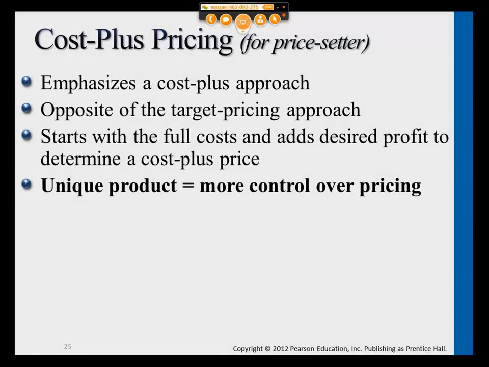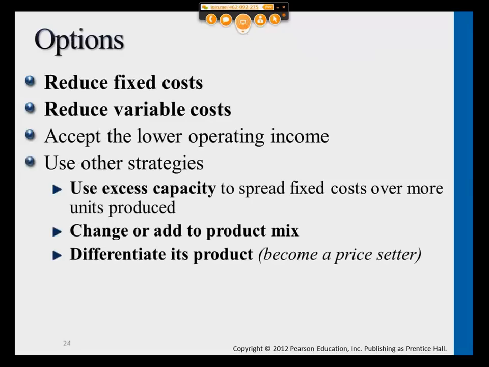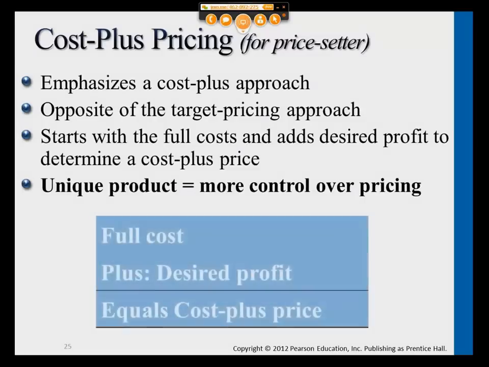Okay, so what am I doing if I'm a price setter? Let's say I decided to use that last option to differentiate my product, and I decided to become a price setter. I'm going to use the cost plus pricing.